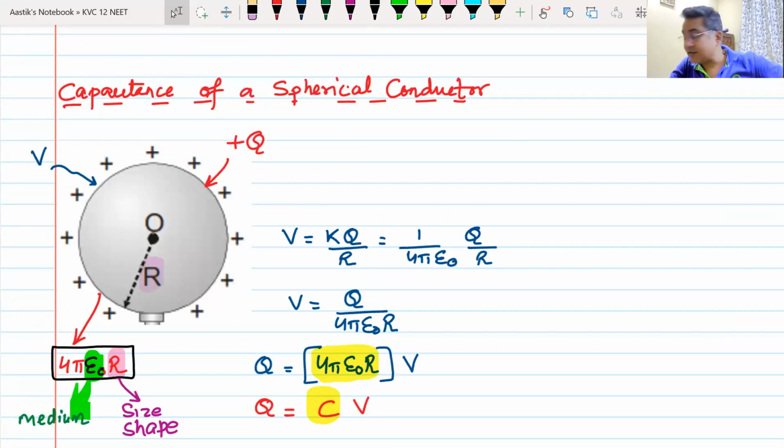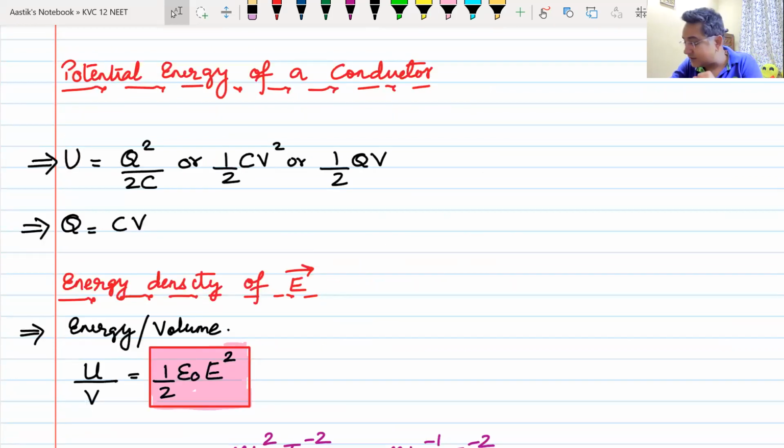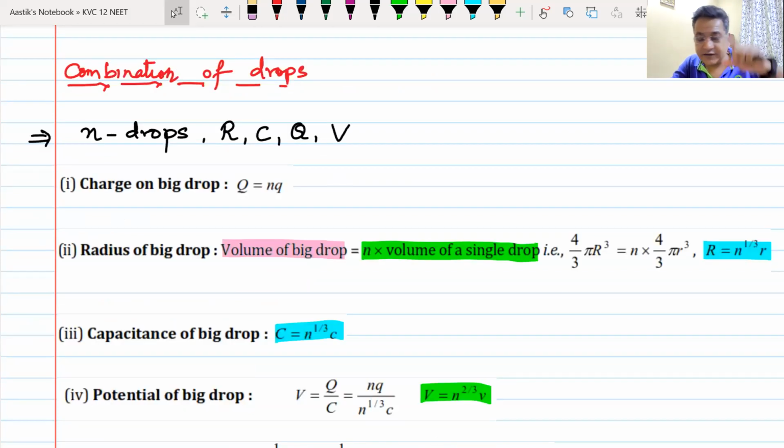The capacitance of a spherical conductor is 4 pi epsilon naught R. We saw the potential energy of a capacitor, the energy density of the electric field, and in the last part the combination of spherical droplets. Do we remember these formulae? Yes or no?